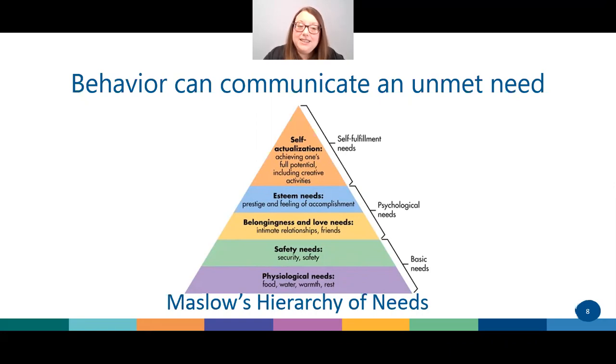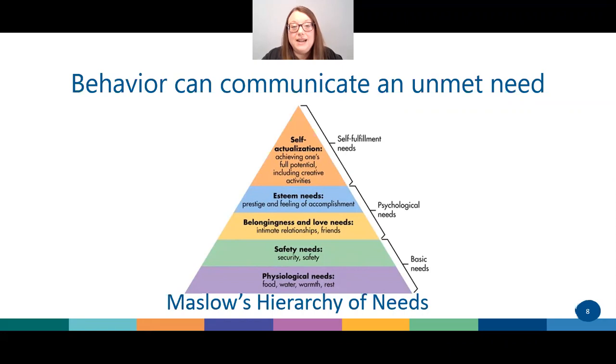Just very quickly, I will give a brief introduction to Maslow's hierarchy of needs, in case you have not heard of Maslow and his hierarchy of needs. Abraham Maslow was a Jewish American psychologist and researcher in the early part of the 19th century who came up with a theory that every human being has particular needs.